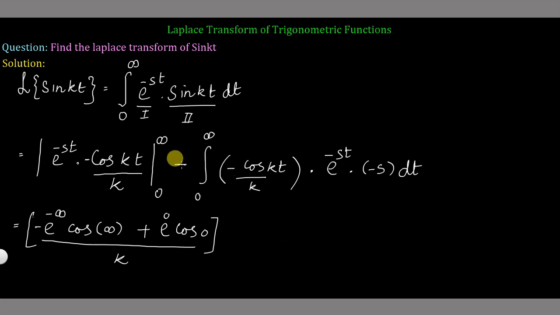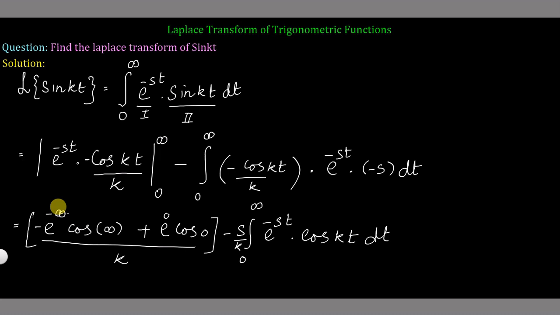And the other minus will be plus, so it will become the integral from 0 to infinity, with s over k out of the integral, of e raised to the power minus st into cos of kt dt.